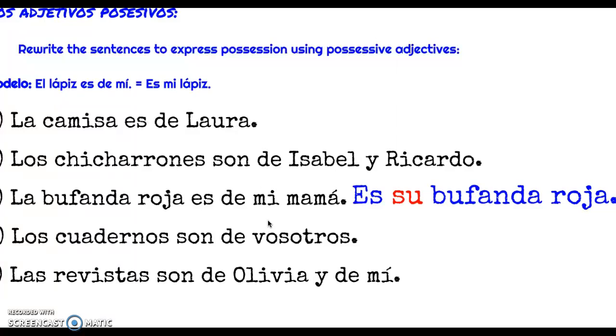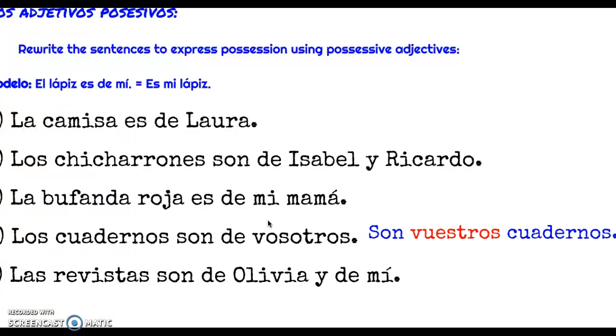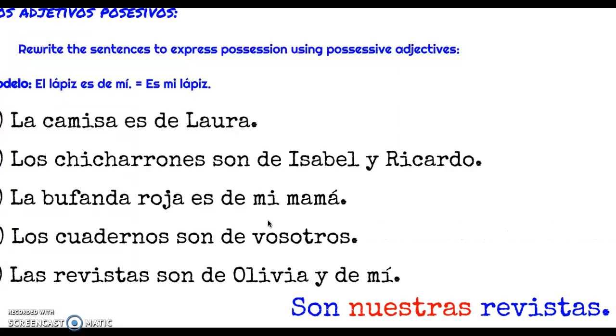So we want to change that to say they're your notebooks. "Son vuestros cuadernos." Número 5, "las revistas son de Olivia y de mí." So I want to say that the magazines are Olivia's and mine. So we can change that to say they are our magazines by saying "son nuestras revistas."